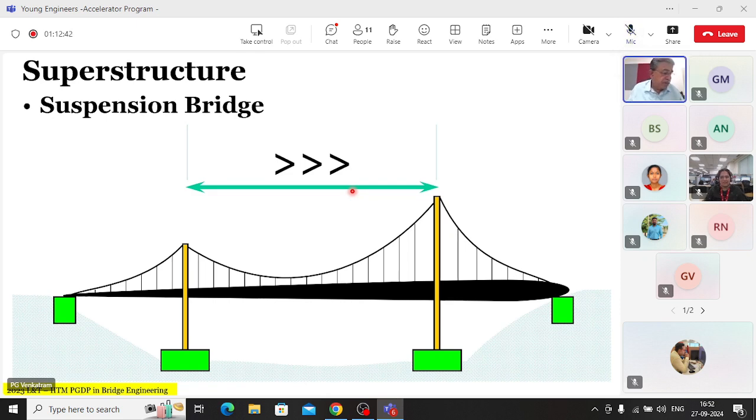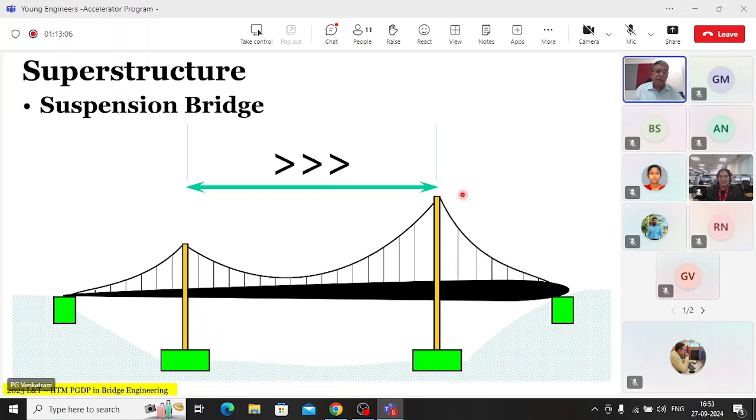Any idea what's the longest bridge being planned? They are planning to push the longest span in the world to 3 kilometers, pylon to pylon distance.